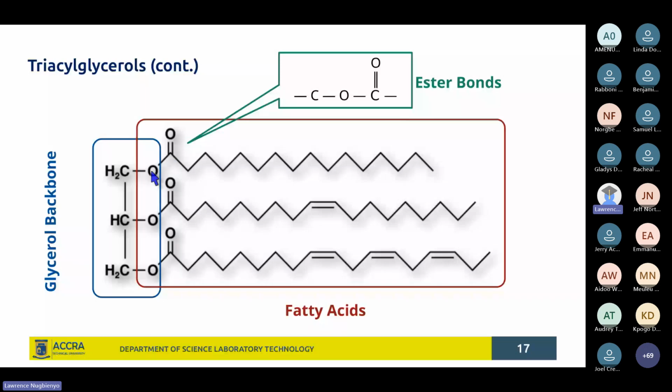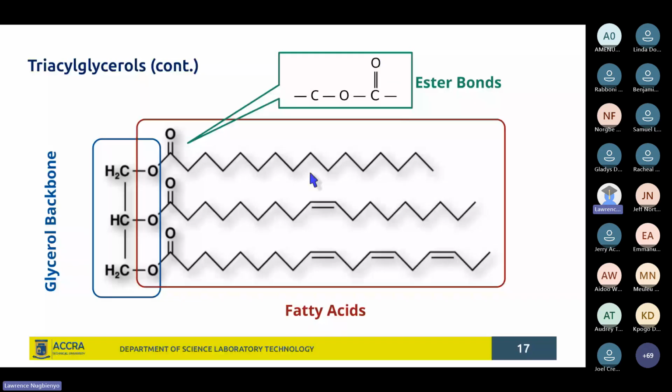These are the ester bonds. So the esters have this structure: a carbon bonded onto an oxygen, which is bonded onto a carbon, and that second carbon has a double-bonded oxygen on it. So that's an ester.